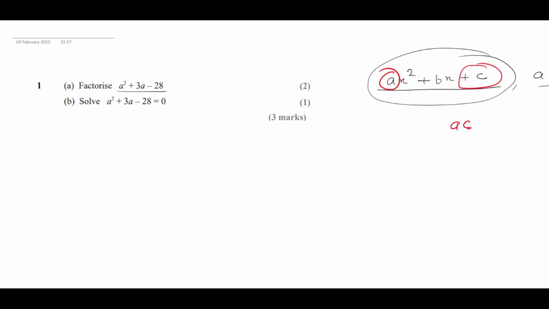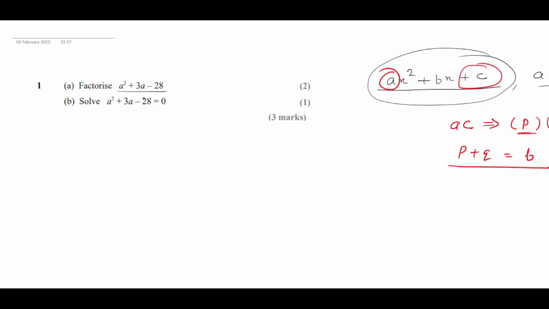I will see what is the product of these two, and then I will split this ac into factors such that if I add these two factors, say the factors are p and q, I should get b as the result. Okay, product is going to give me ac, but if I add, then I should get b as the result. Okay, so with this logic, let us start here.